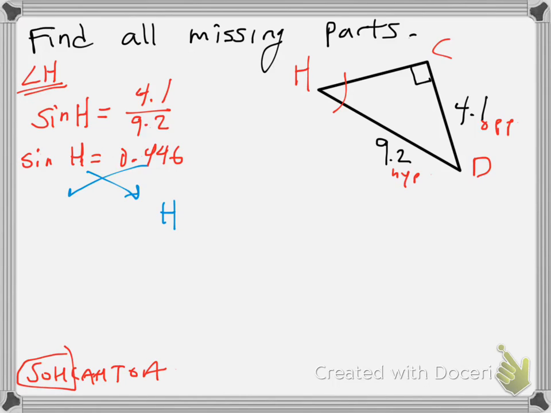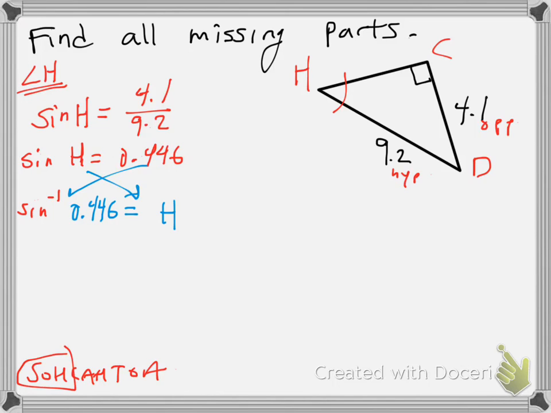H is the angle, and I'm not going to take the sine of something I don't know. I'm going to take the inverse sine of what we do know to find the missing part. So what was sine of an angle H is now going to be the inverse sine of the ratio 4.1 over 9.2 to give us angle H. So in your calculator, you're going to hit the second button, like shift, and then press sine.